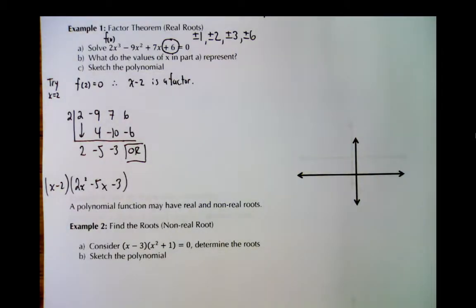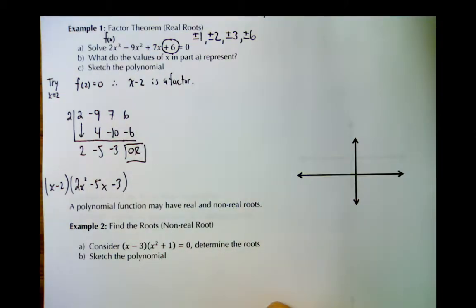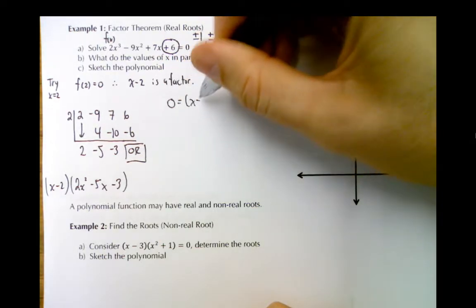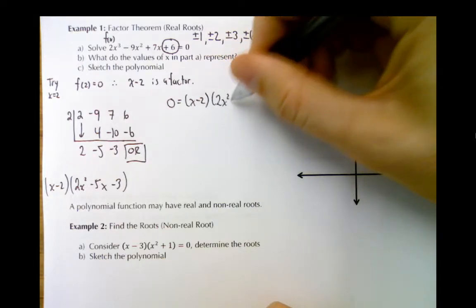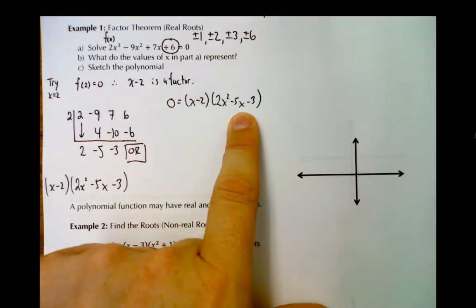So now, to continue factoring, we just need to factor this quadratic. So now we're solving 0 equals, we have the x minus 2 factor already factored, and 2x squared minus 5x minus 3. So this is a complex trinomial, which means we need to use decomposition to factor.